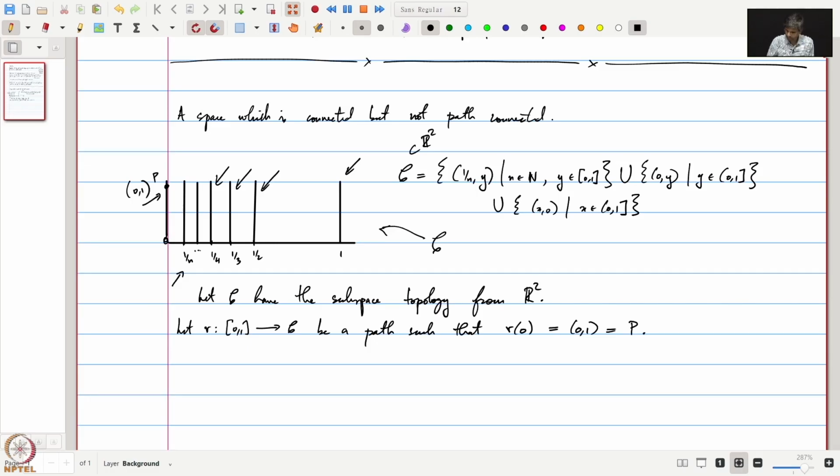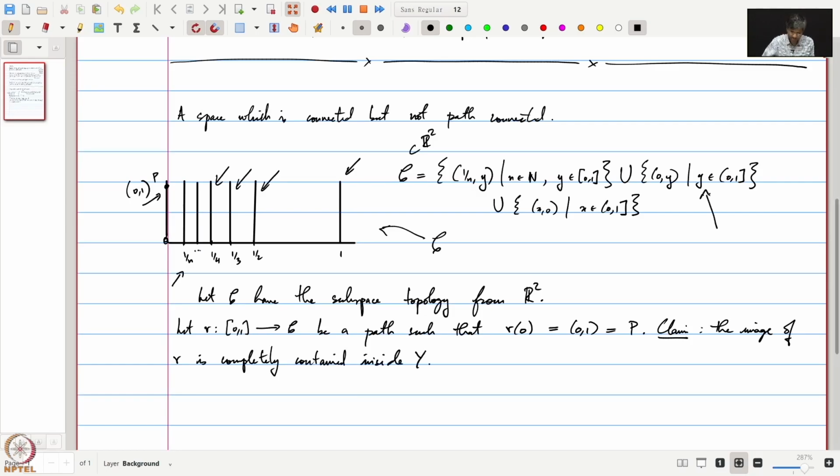Okay. So then the claim is the image of gamma is completely contained inside Y. So what is Y?